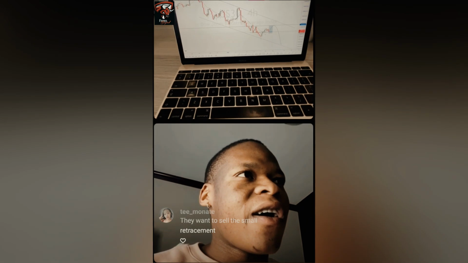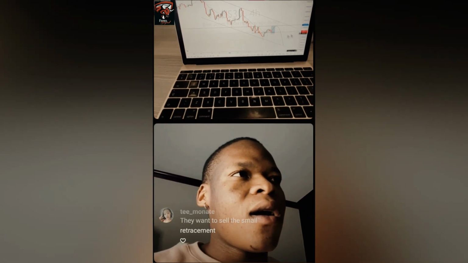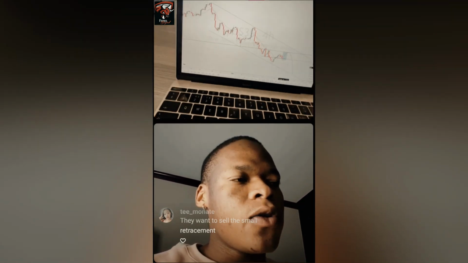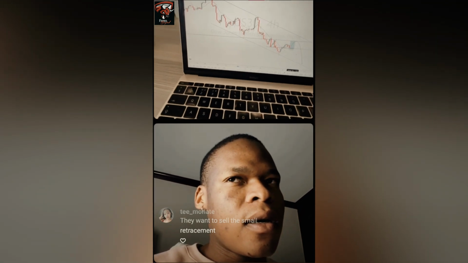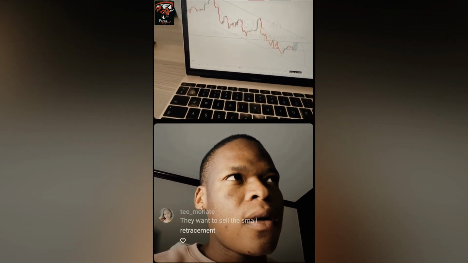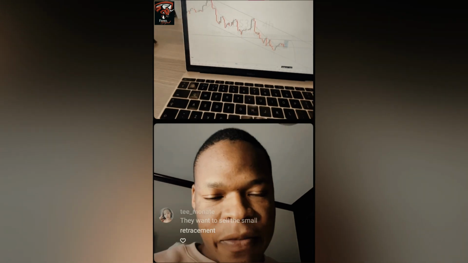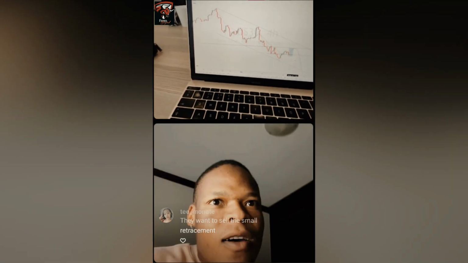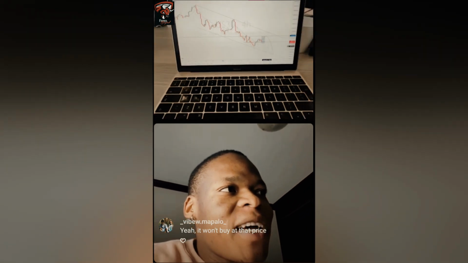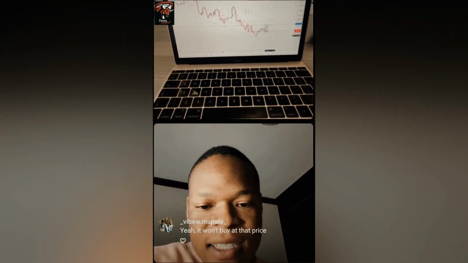So I have 2 hours 55 seconds before this 4-hour candlestick closes. Now you see that it opened earlier than our normal candlesticks.